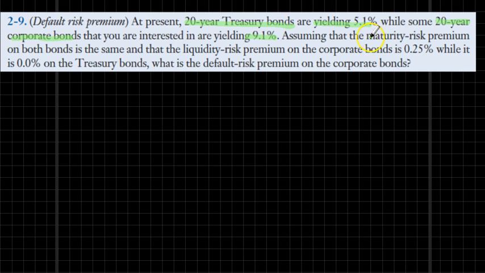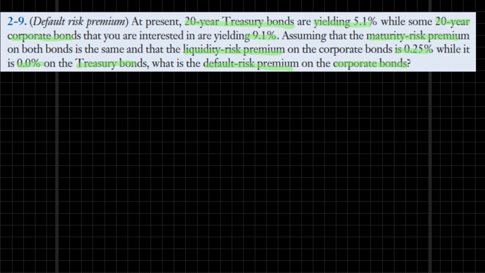Assuming that both securities have equal maturity risk premiums and that the liquidity risk premium is 0.25% for the corporate bond and 0% for the treasury bond, obviously the treasury bond is issued by the US government and as such will not have any liquidity risk premium, what would be the default risk premium for the corporate bond?